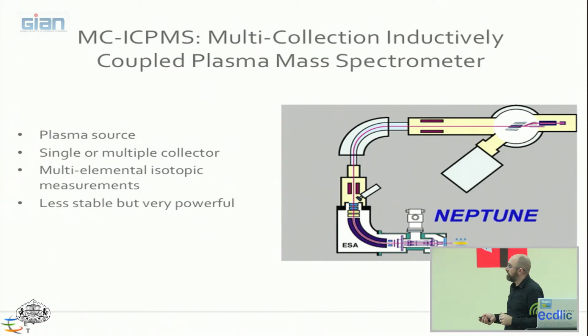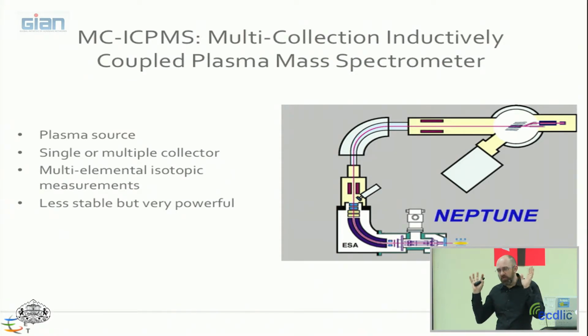So again, you can have single and multiple collector machines. Single collector are used for trace element measurements, and normally they are not so complex. You don't need a magnetic field, but this is not my topic today. You can do multi-elemental isotopic measurement because, not like for TIMS, you can throw all the elements in the plasma.